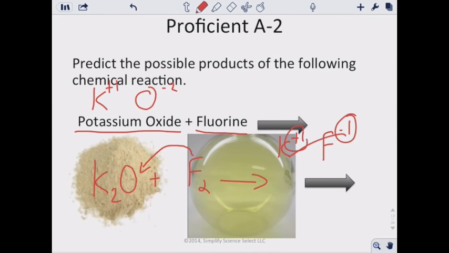We crisscross potassium fluoride, and then oxygen will be by itself, and it's also a diatomic. Remember, this is an element plus compound, single replacement reaction, because it's an element plus a compound. So we're going to have potassium fluoride, oxygen gas. We could have those in that type of reaction.